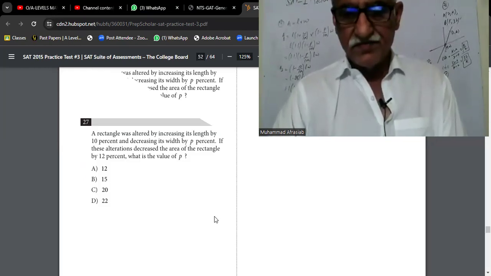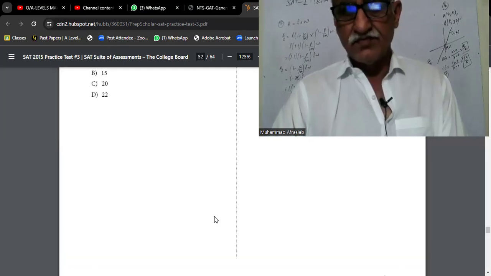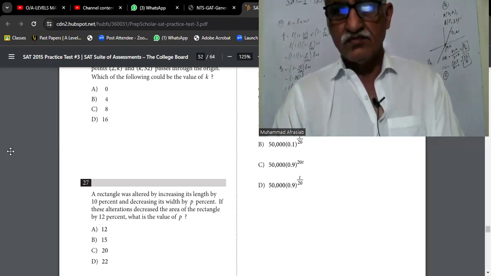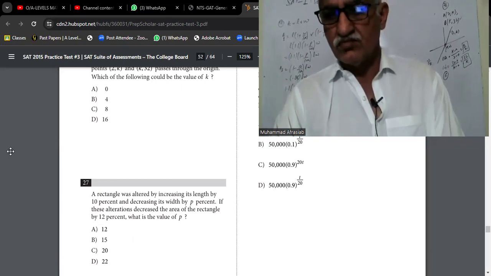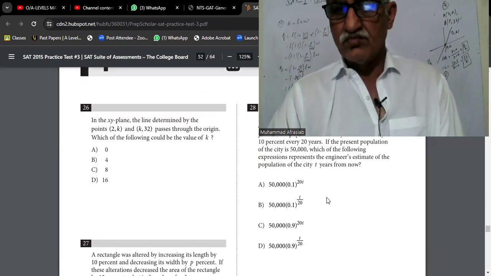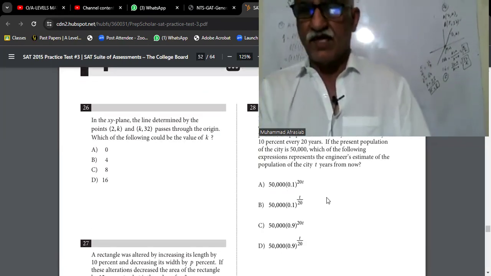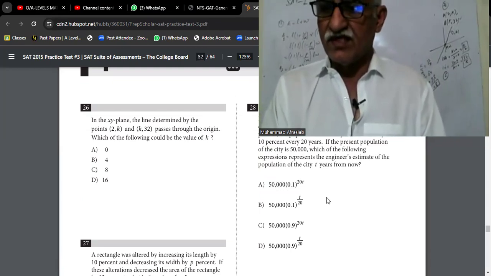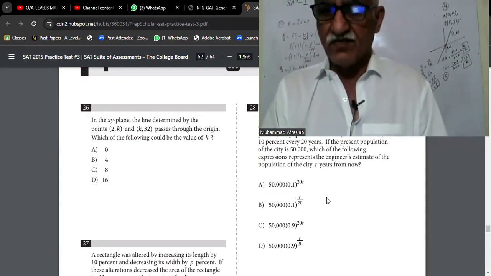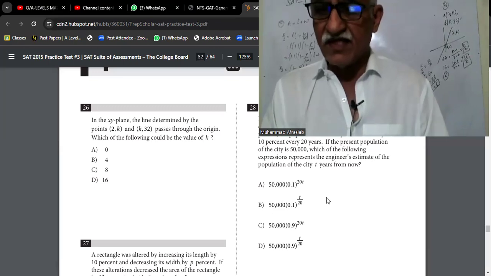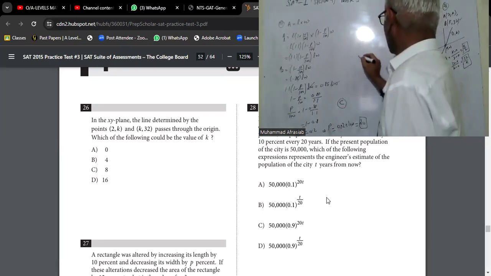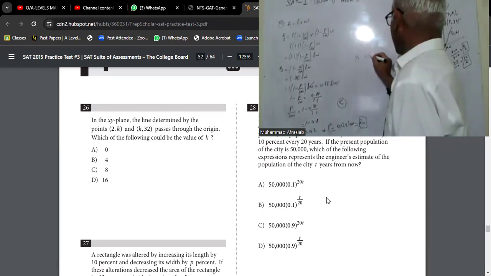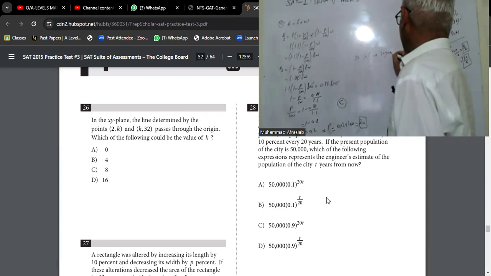Now next, 28. In planning maintenance for the city's infrastructure, a civil engineer estimates that, starting from the present, the population of the city will decrease 10% every 20 years.